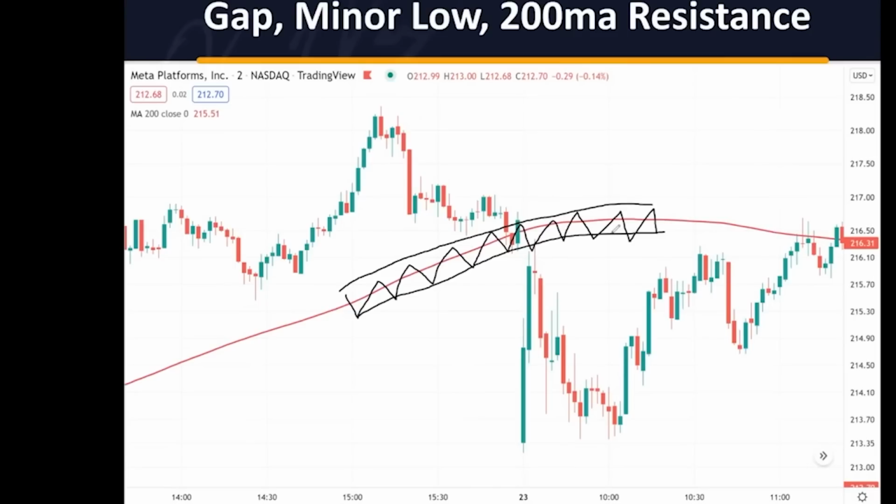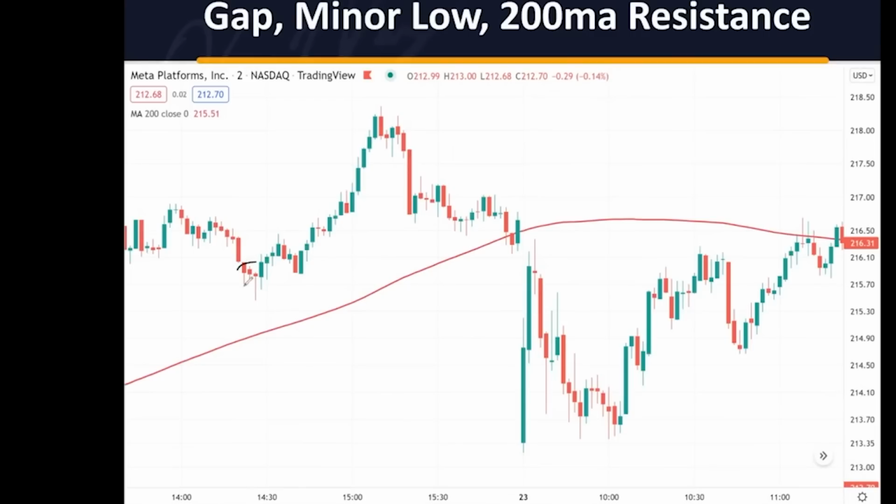Okay. And if you look at the 200 period moving average, you can see that it's over Meta's price activity. And if Meta were to rise to that 200 period moving average zone, it would likely hit the brakes. Now, look at this. We've got two types of resistance coming together.